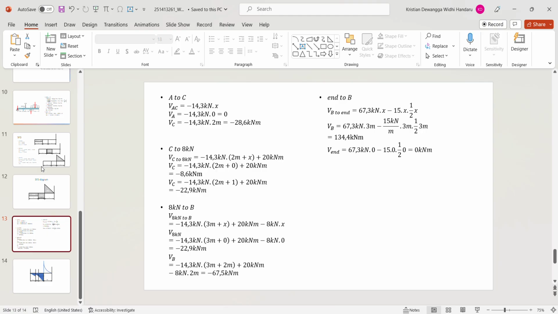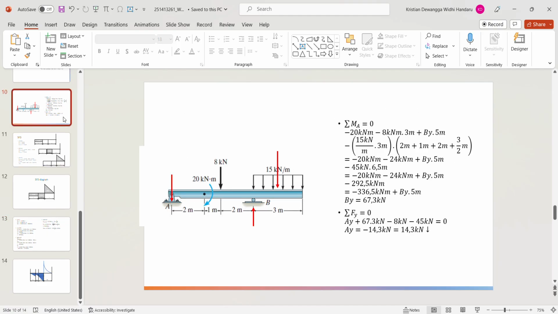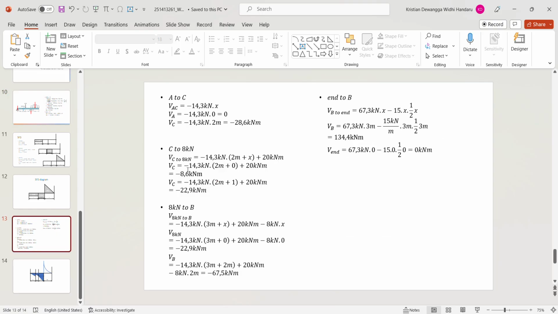And then the next step is from the C to 8 kilonewton. So the VC to 8 kilonewton equal to minus 14.3 kilonewton times 2 meter plus X, and then plus also 20 kilonewton meter. And then we write VC as the first in here.